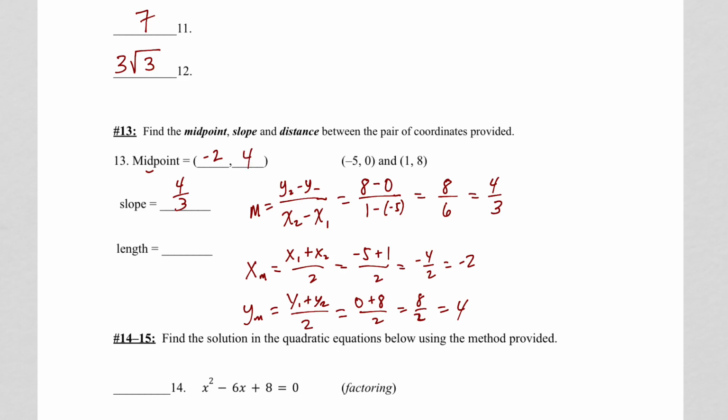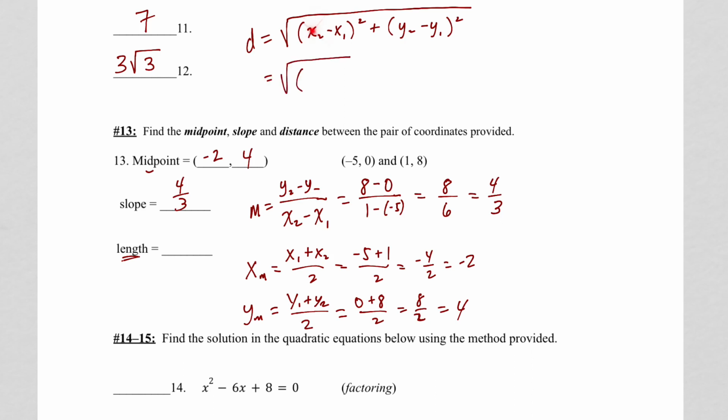So that's the midpoint. The length is the distance between the 2 points. And the distance is Pythagorean's theorem. It's the square root of the difference of the x's squared plus the difference of the y's squared.